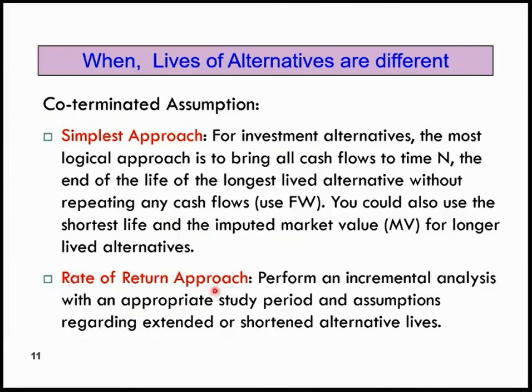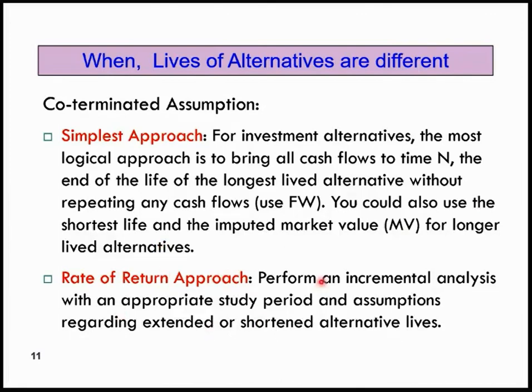You can also use the rate of return approach together with coterminated assumption, but still, when you are using rate of return, you need to perform incremental analysis. Simply, you have two cash flows, alternative 1 and alternative 2. Either you use the first approach here and select the longest one, but do not repeat the cash flow, or use the imputed market value for the longest one and select the study period as the shortest one.